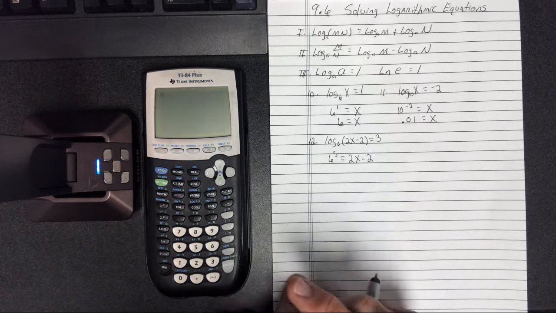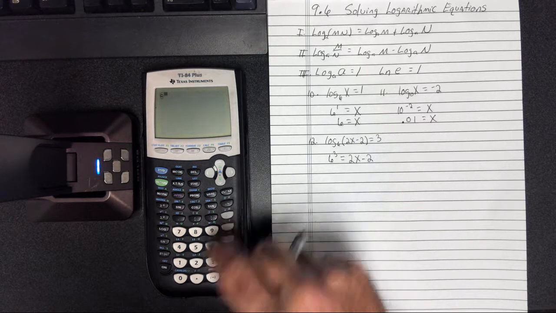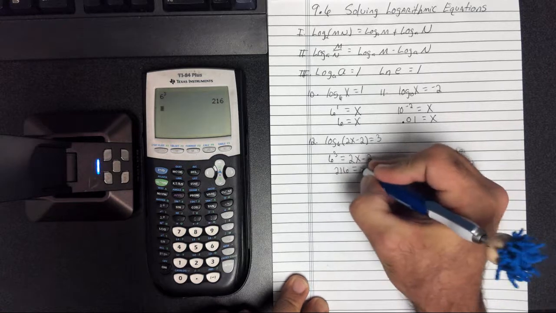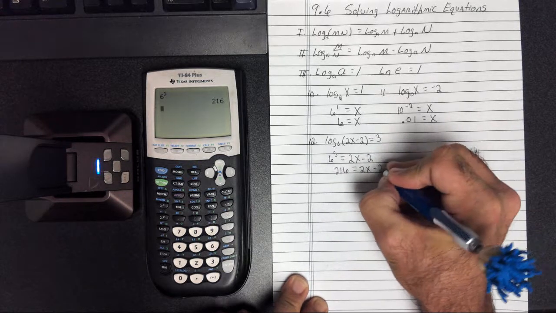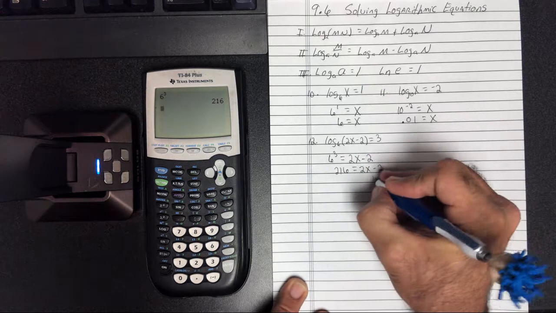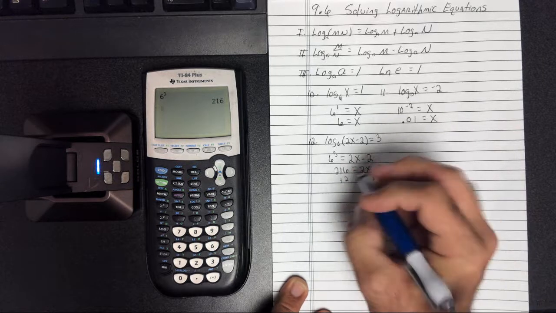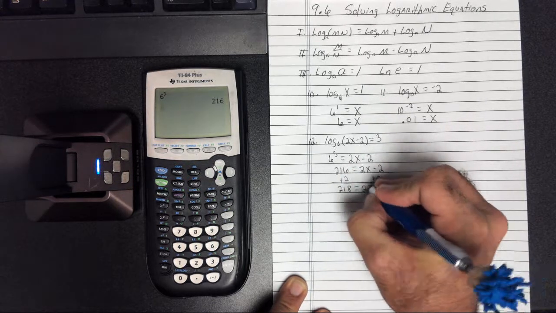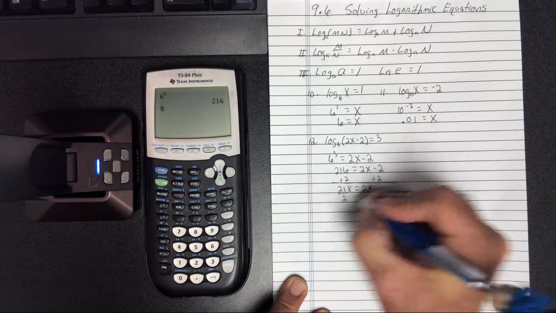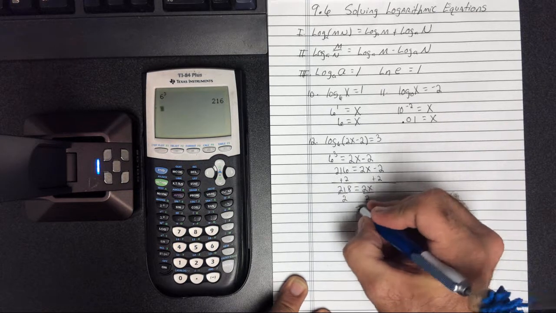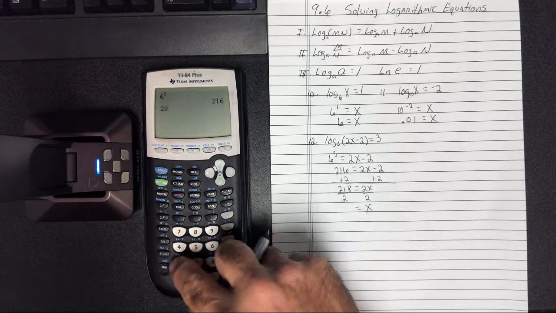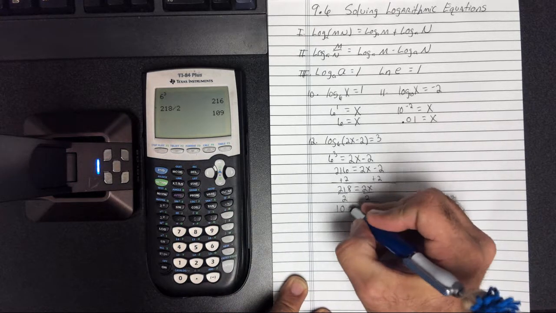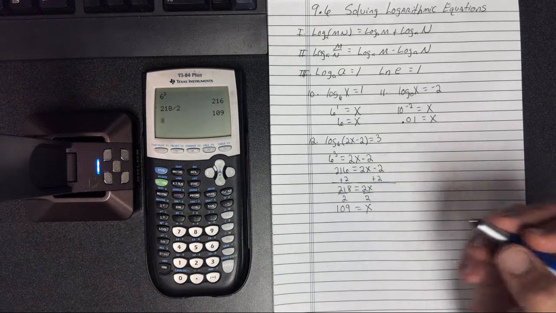Let me hit the calculator real quick. 6 to the third power gives me 216 equals 2x minus 2. Solving this for x, I'm going to add 2 to both sides. So I get 218 equals 2x, and then divide both sides by 2. Then 218 divided by 2 gives me 109, final answer.